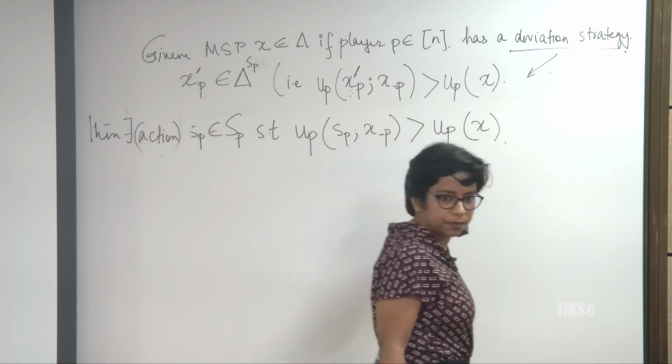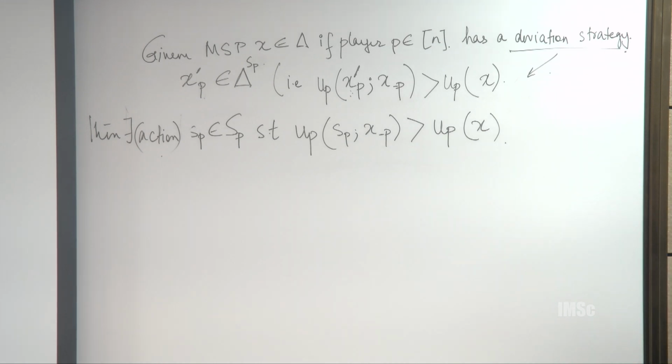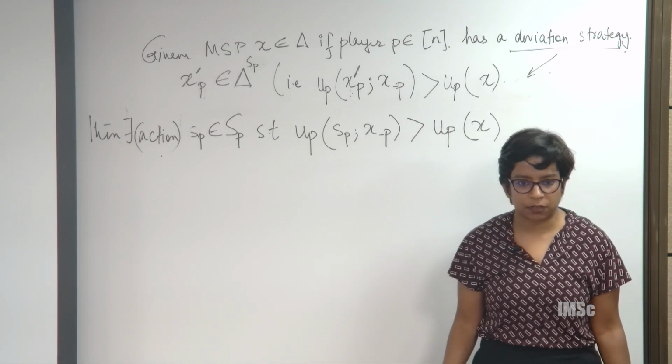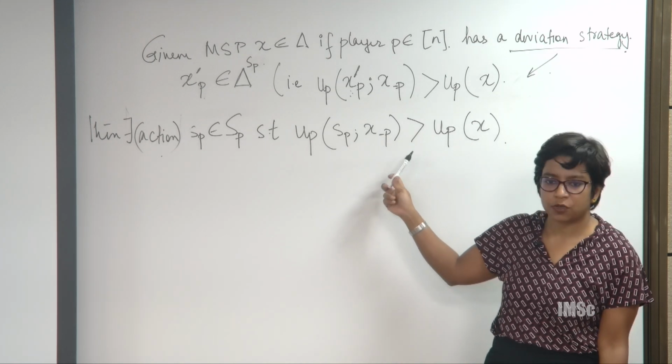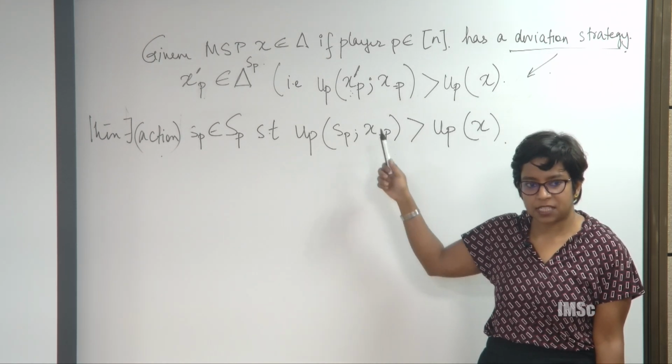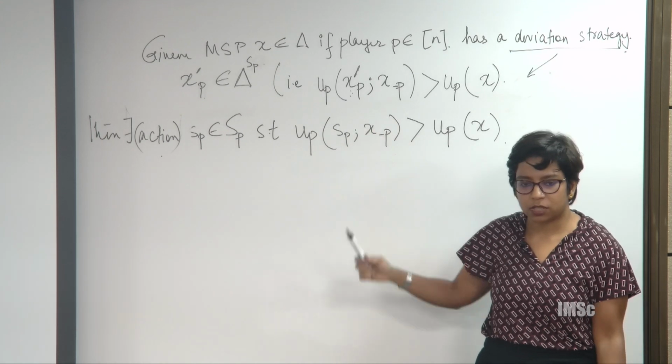Is this clear? This is why when you are in a situation where X is not a Nash equilibrium, it is oftentimes sufficient to just argue about the deviating pure strategy instead of wrangling with distributions.